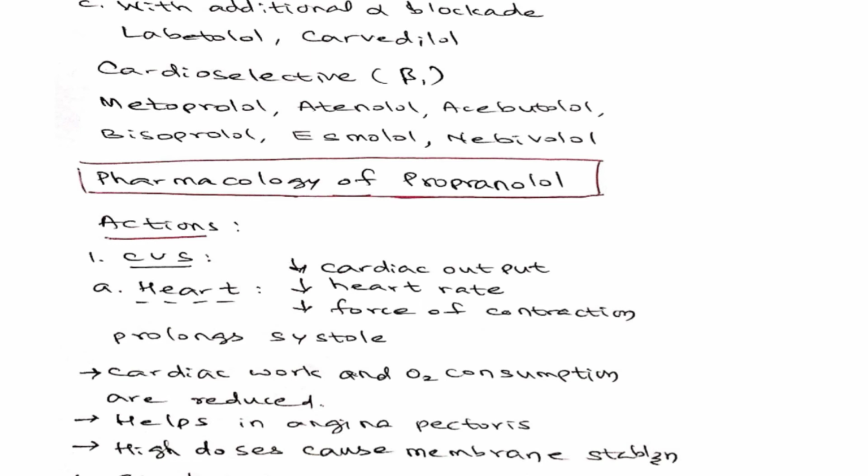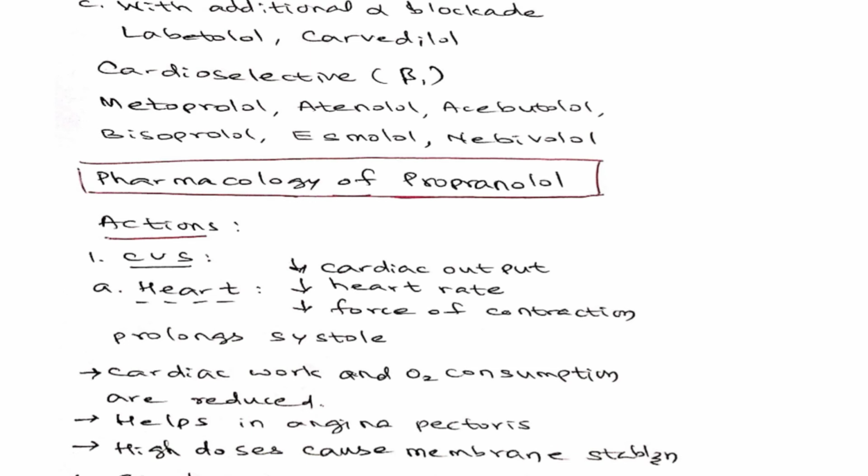It prolongs the systole and ventricular dimensions are reduced, due to which there may be precipitation of CHF, where there is decrease in blood perfusion. The cardiac work and oxygen consumption are reduced, which has a beneficial effect in angina pectoris.